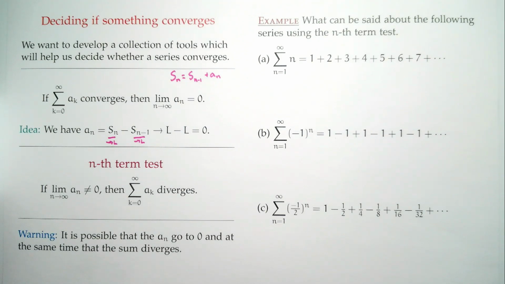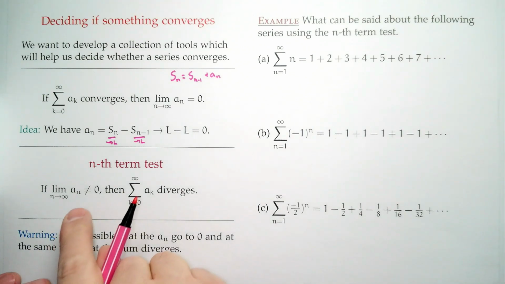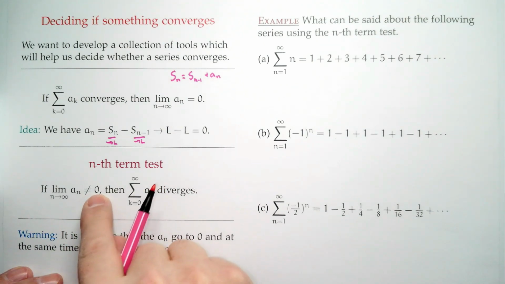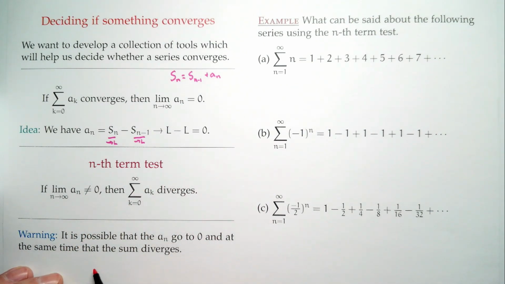Now, a word of warning, because a lot of people will hear this statement and they'll start to implicitly say, aha, if the limit doesn't go to 0, the sum diverges. Maybe if the limit does go to 0, does that imply it converges?